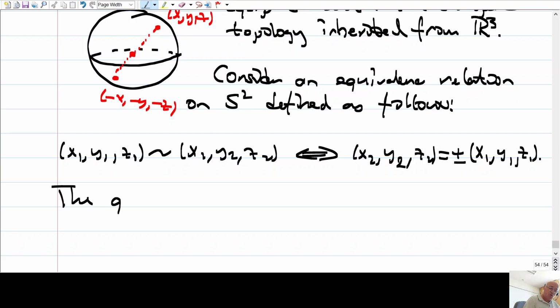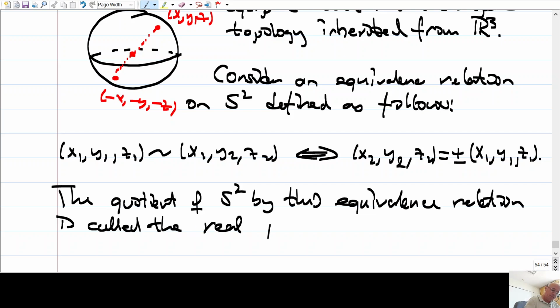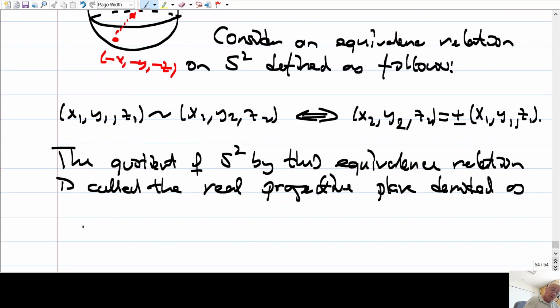The quotient of S2 by this equivalence relation is called the real projective plane, denoted as RP2.